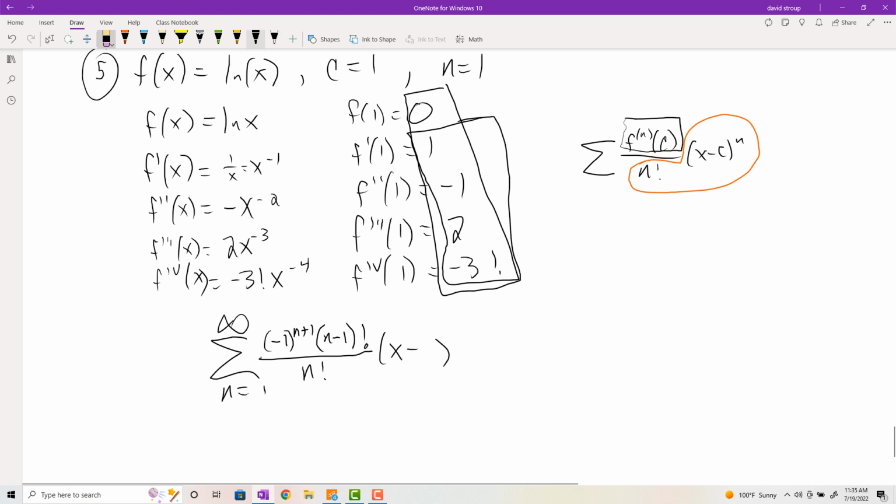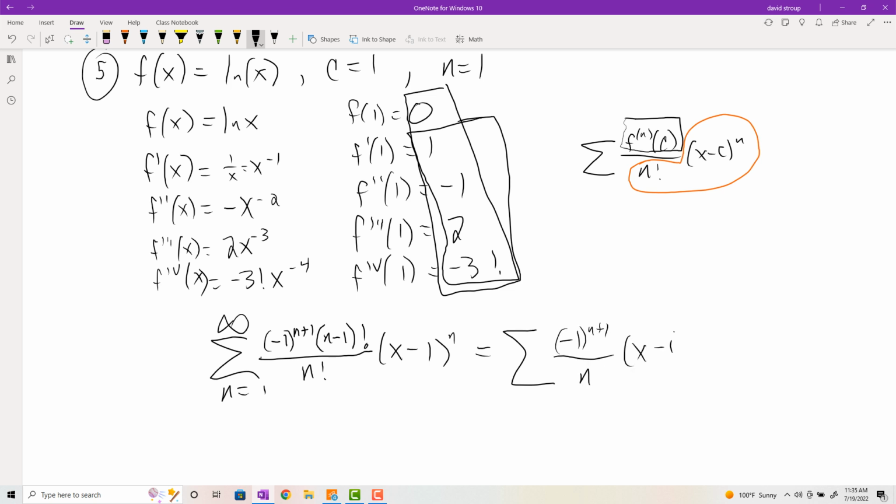So I'll just put 1 there. Then simplify it, so n minus 1 factorial over n factorial is just going to be 1 over n. So negative 1 to the n plus 1 all over n times x minus 1 to the n, from n equals 1 to infinity.